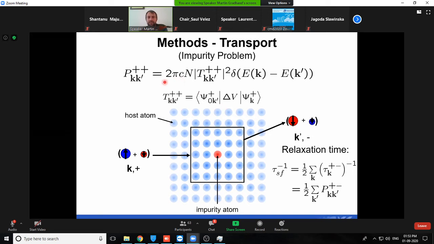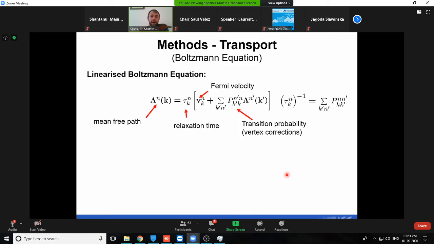This not only gives us access to the skew scattering, it also gives us access to the spin relaxation time, in principle, which I'm not going to address during this talk. But as Laurent highlighted already, this is another crucial parameter for any spintronic device. Then if we have this scattering probability and relaxation time, what we solve is the linear Boltzmann equation, which you can find here.